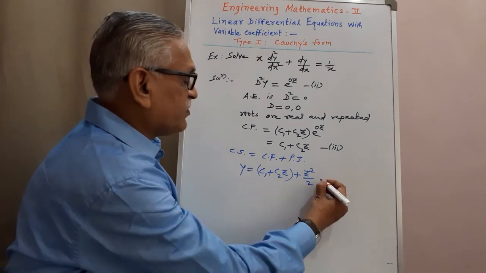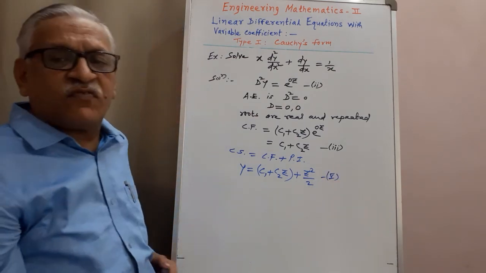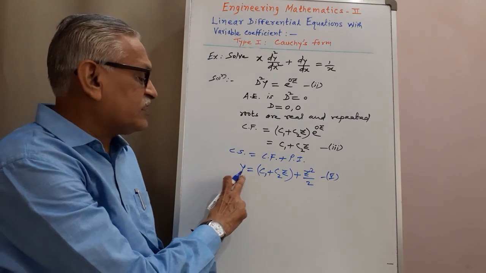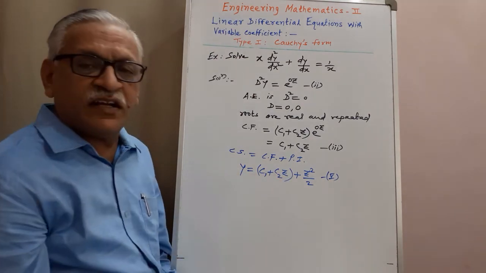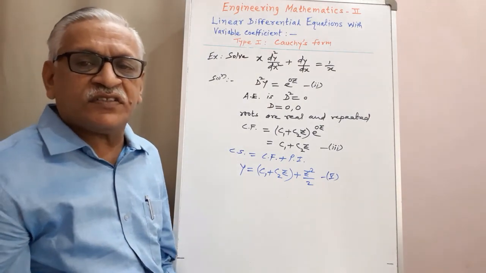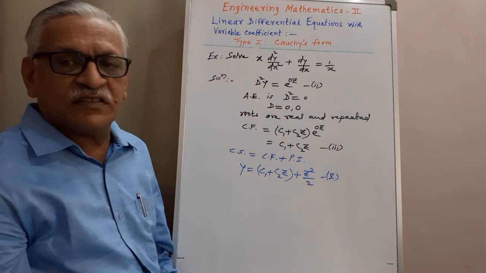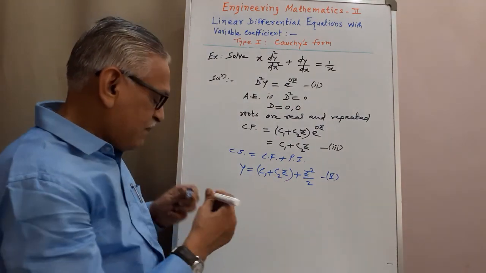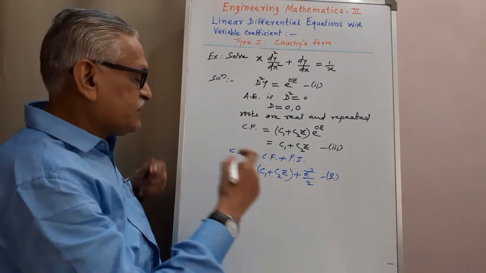We call this equation number 5, the required solution. The required solution is in terms of y and z, y dependent and z independent, but the original equation is in terms of x and y. Therefore once again we have to convert this solution in terms of x and y, applying that substitution here.